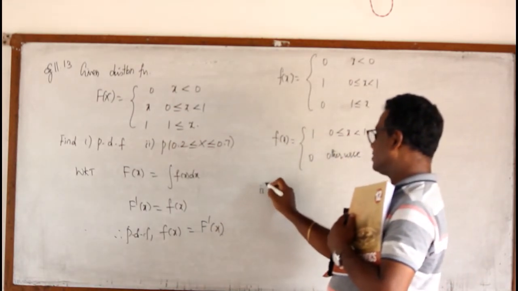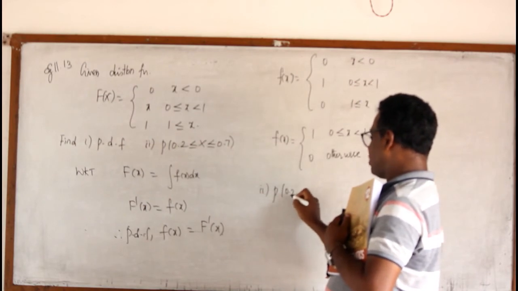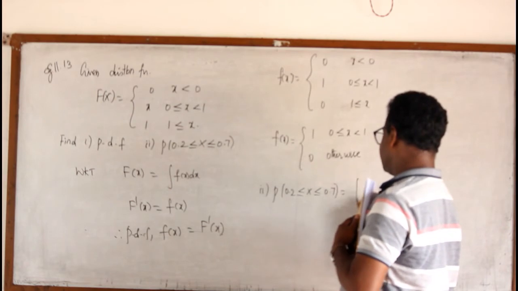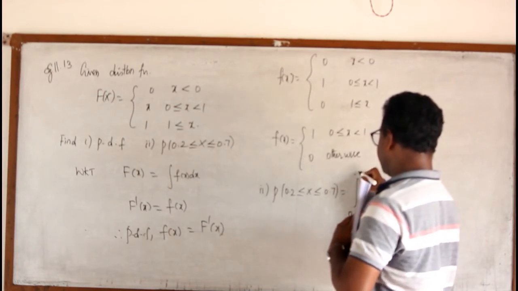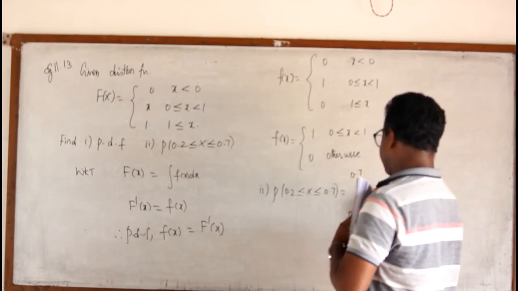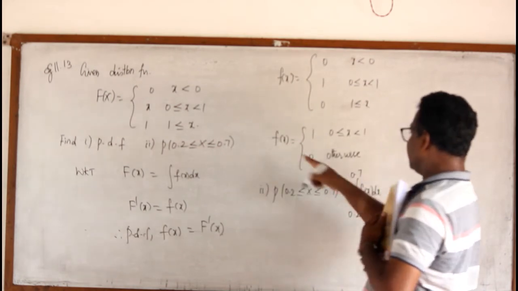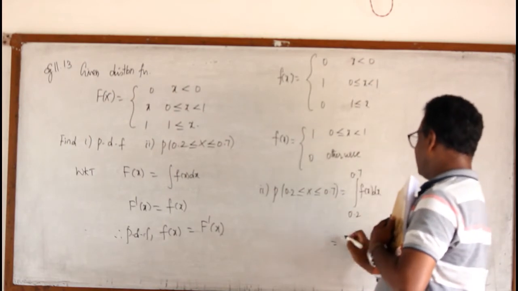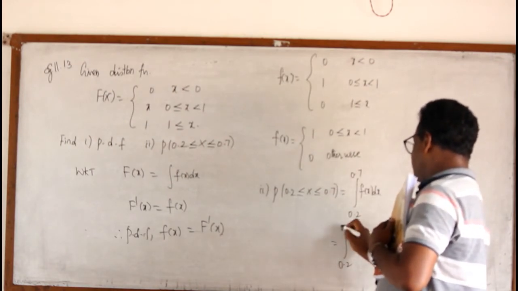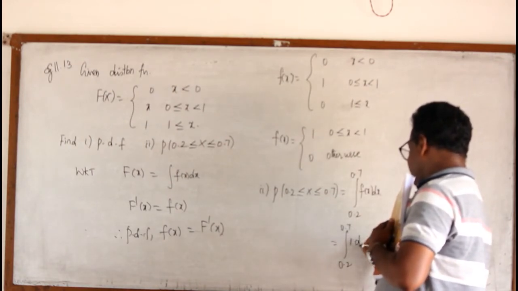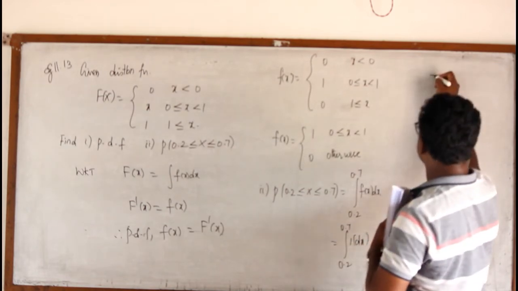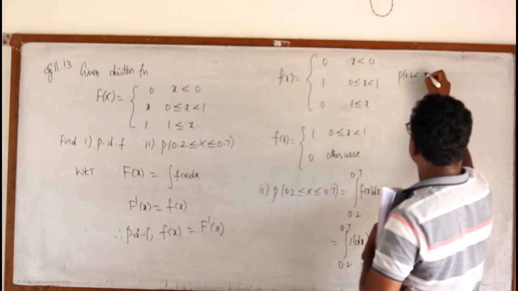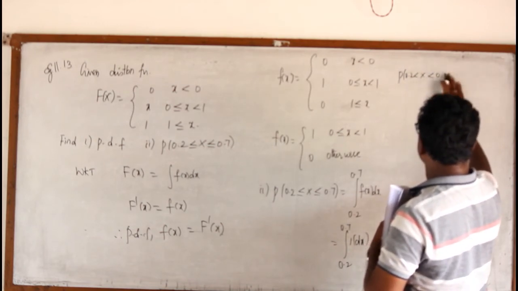Now second question, find probability from 0.2 less than or equal to x less than or equal to 0.7, which means integral from 0.2 to 0.7 of f of x dx. Here f of x takes the value 1 from 0 to 1. So 0.2 to 0.7, 1 into dx. So dx integration is x, with 0.2 less than x less than 0.7.